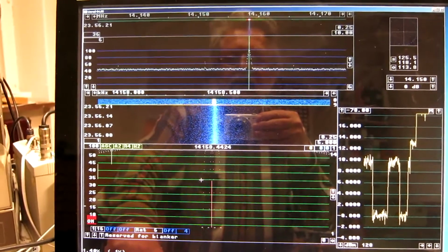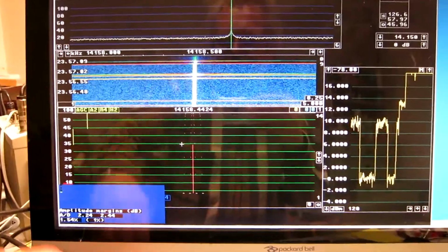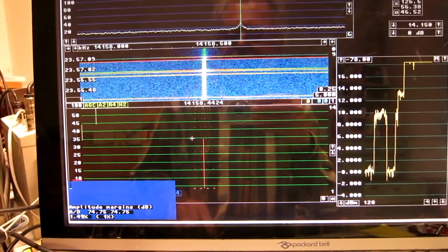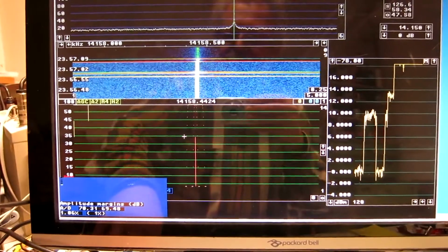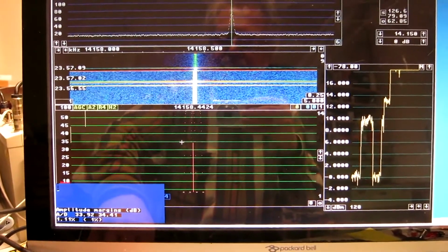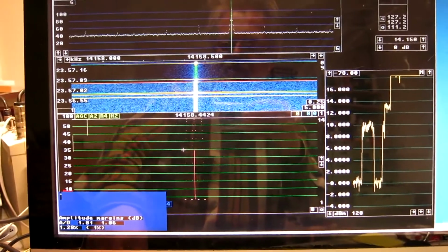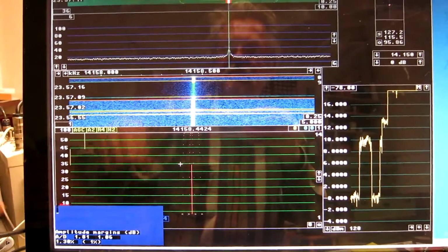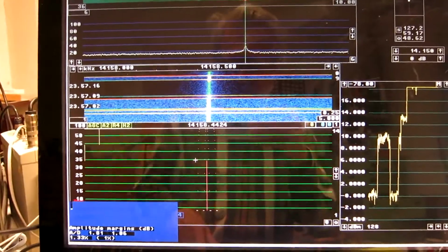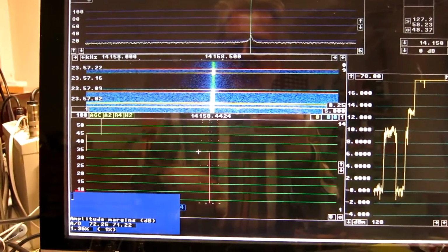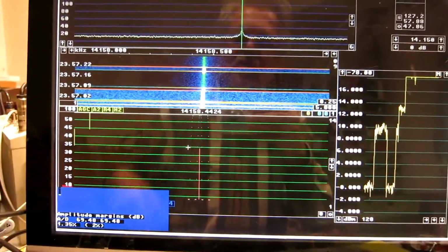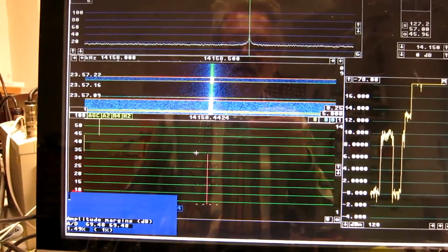And now it's an oscillator. So this is the point where it oscillates, and here is where it doesn't oscillate. You can see here the amplitude margin tells what is the total signal level.